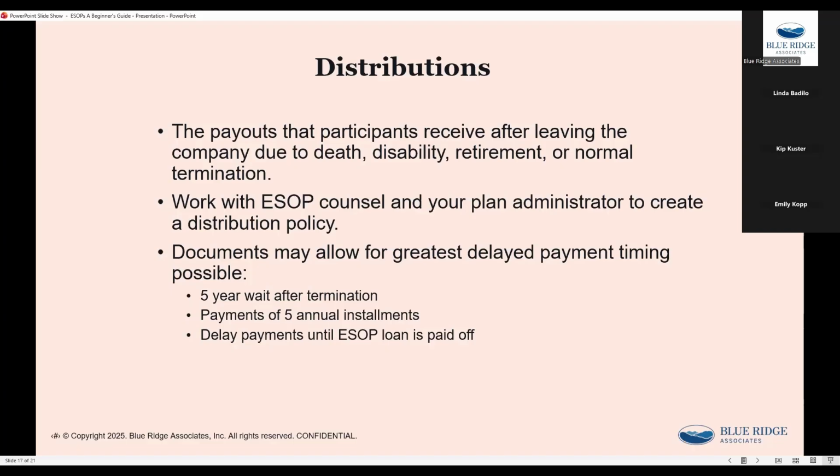So 5 annual installments of account balances over a certain threshold. In addition, we do see some plans that have language in their documents that delay any distributions from the plan until the internal ESOP loan is repaid in full. Now, there's certain things that are exempt from that loan payment delay, but you'll just want to work with your consultant on those nuances.